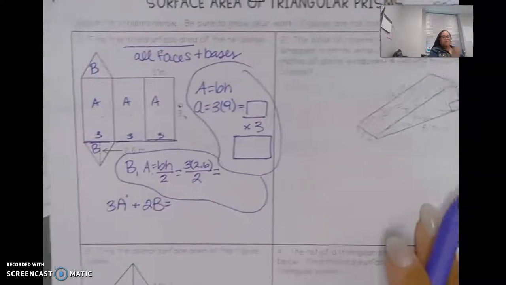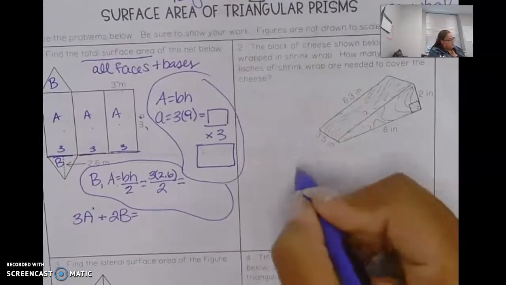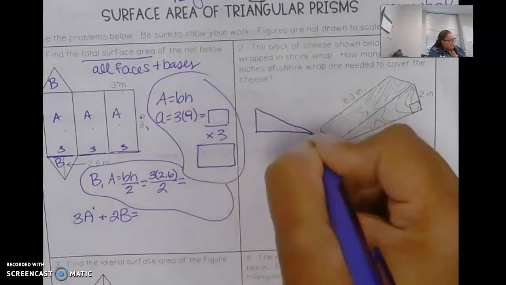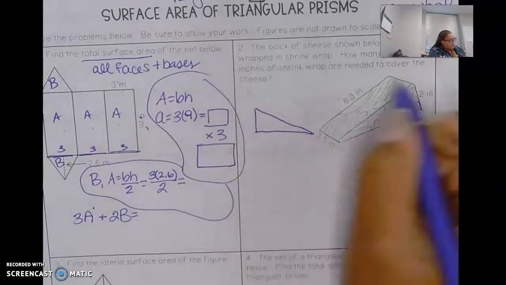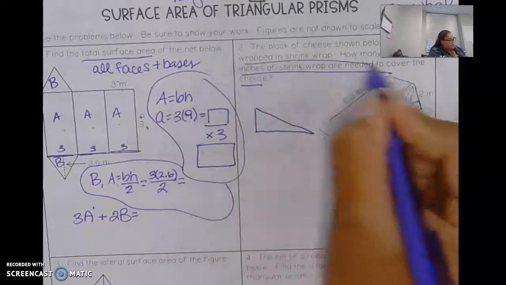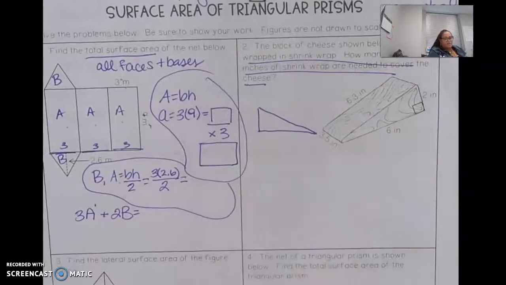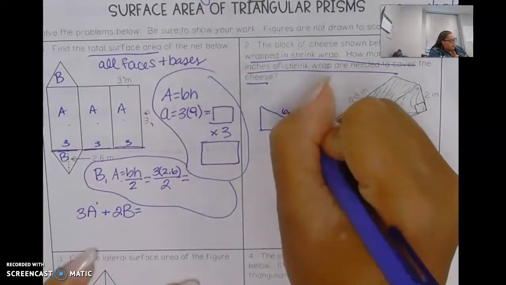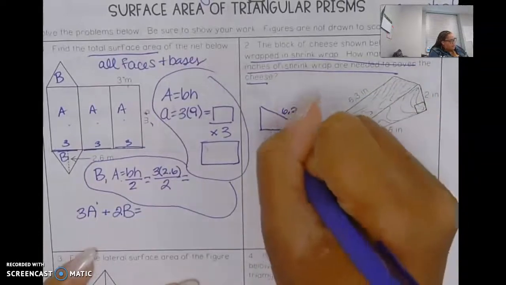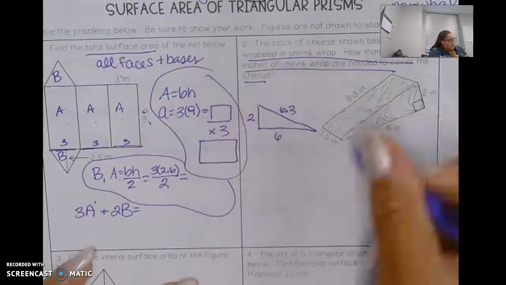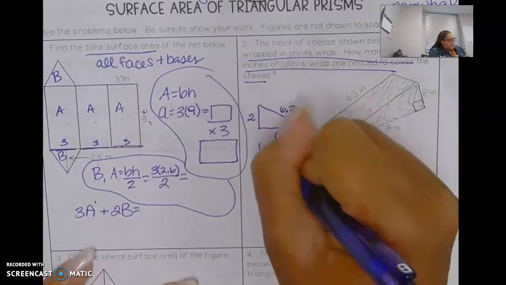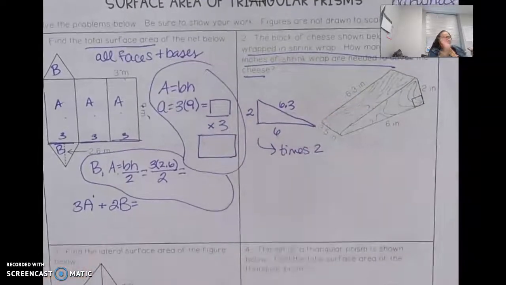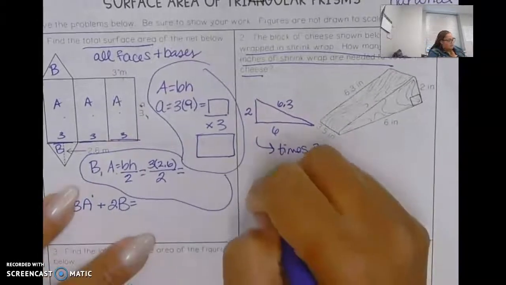Then over here, we would have to open this up. So I'm going to draw it separately. I'm going to draw the right triangle, and I'm covering the cheese. Sorry, I'm not reading the question, but I got to hurry up because I got a little bit of time left on my video. So I've got 6.3 and 6 and 2. So I have 2 of these triangles, and then I have 3 different rectangles.